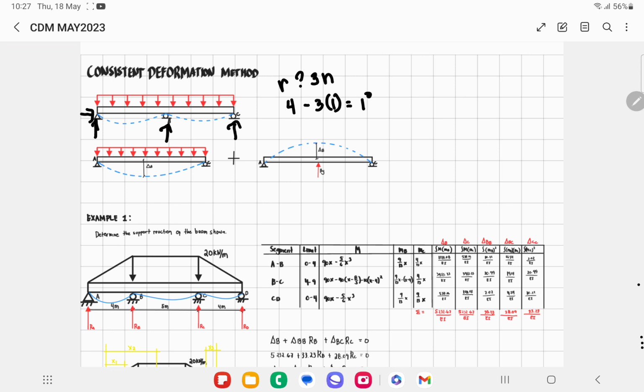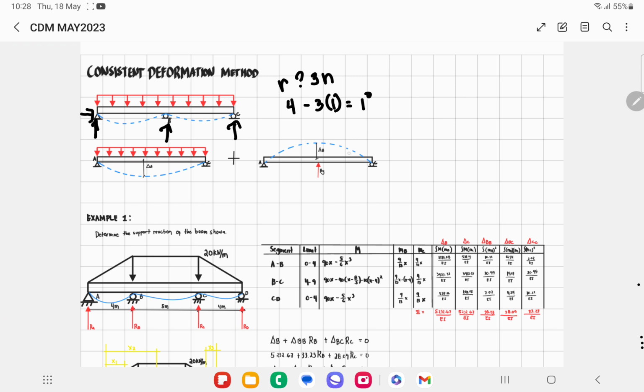Okay? And then yung concept niya is, what if this support reaction here, By, and then remove all the original loadings or the real loads, and then we apply a 1 unit load at that redundant reaction. Therefore, we can compute for the assumed deflection of our redundant applied unit load here.